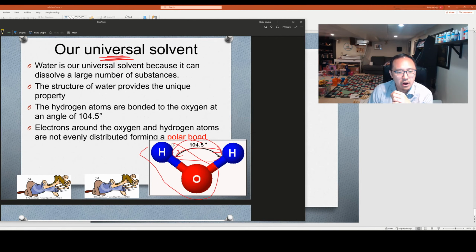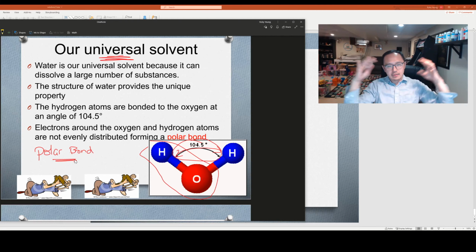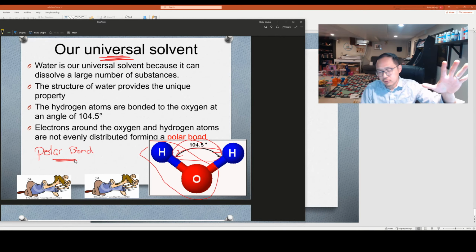The bond between this hydrogen and oxygen is what they call a polar bond. And to understand a polar bond, you have to think about it in that very chemistry way: your elements have protons and neutrons and electrons. Only the electrons are found on the outside of your atom, right? So we're just going to think about electrons here.